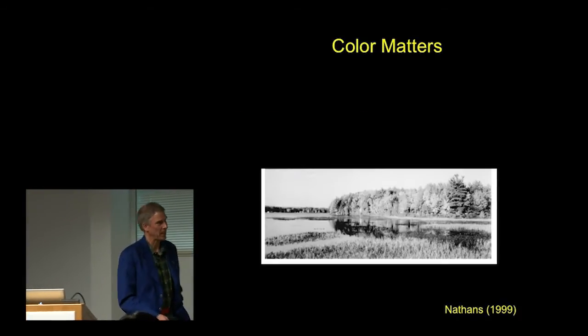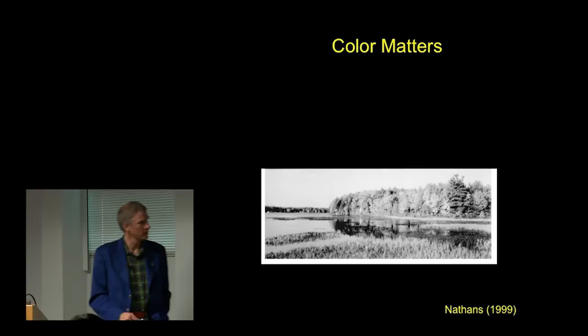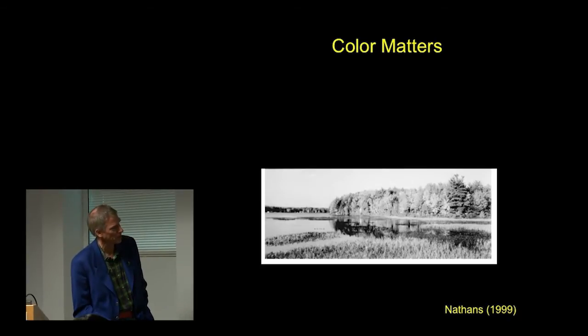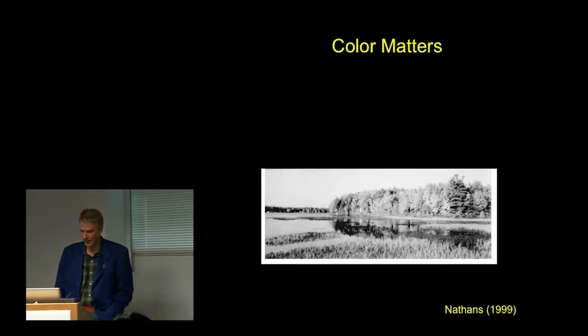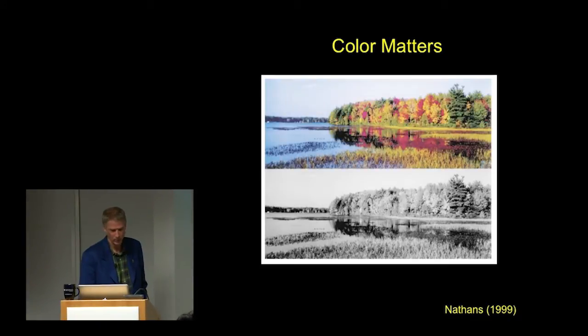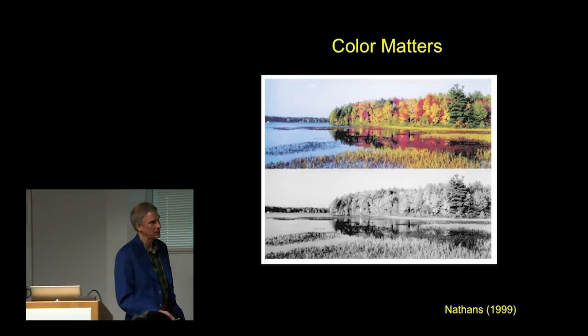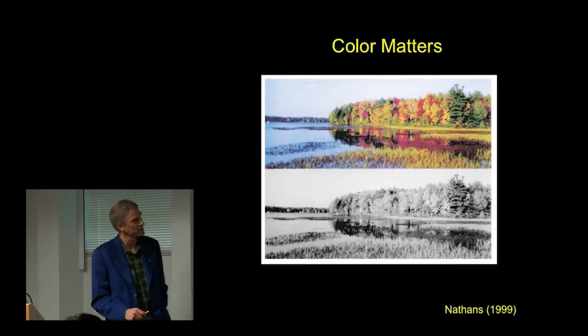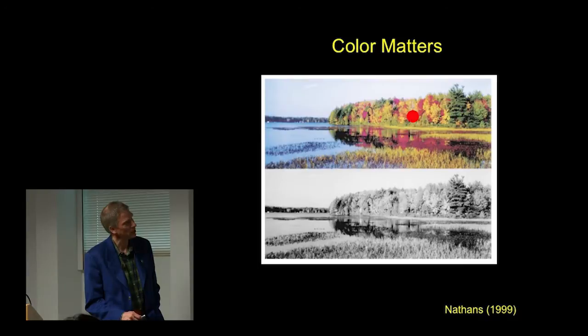So first of all, color matters. Here you see a scene of mountains. This is, I think, outside Woods Hole, a lake and some trees, and here you can see them with color. Now, of course, you immediately extract much more information. You can see the state of the foliage here and how advanced they are.